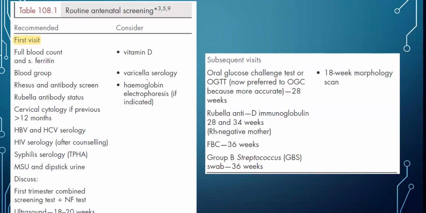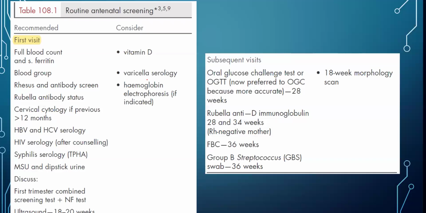The first thing you do is a urine pregnancy test, even if they have done a home pregnancy test. If the urine pregnancy test is positive at your clinic, then you can confirm that yes, you are pregnant. You don't need a blood test to confirm pregnancy, but we normally do it anyway.